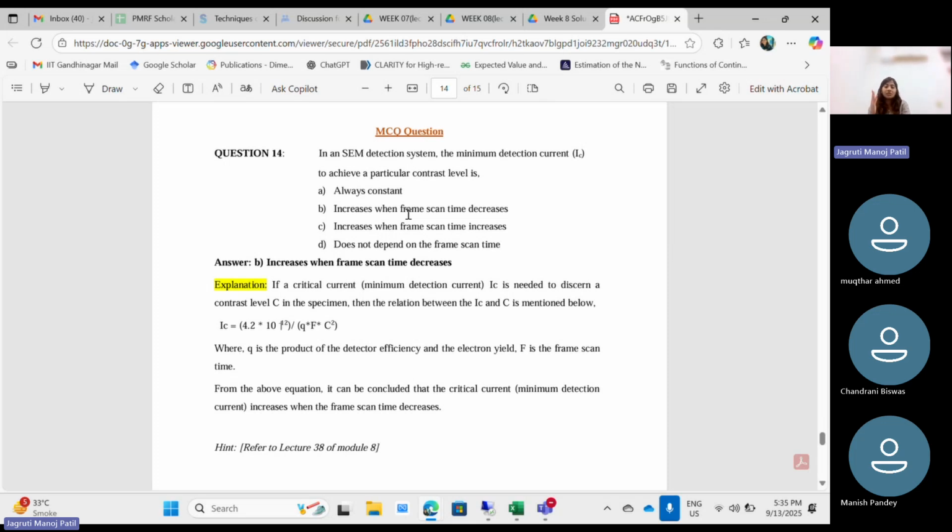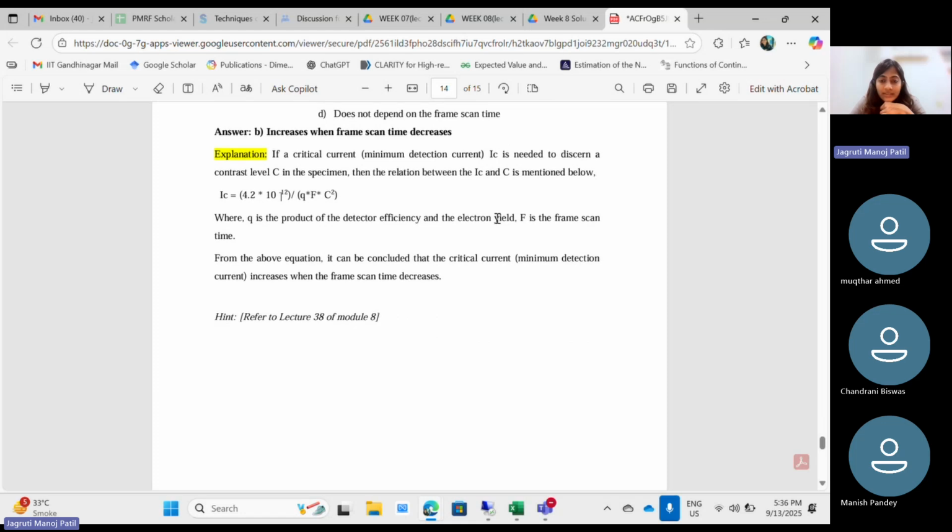That means my temporal resolution will increase, but my spatial resolution will decrease. That means spatially, my resolution cell sizes are not enough to differentiate between two pixels there. So at that point, that is perhaps the reason that I'm not getting enough intensity in my sample for that location. So that's what it means, that the current will increase when the frame scan time decreases. Okay.